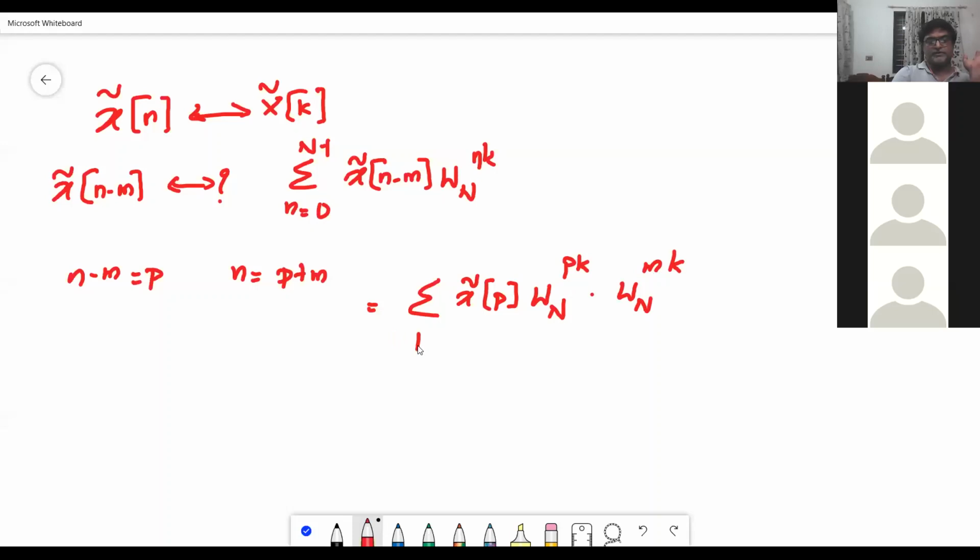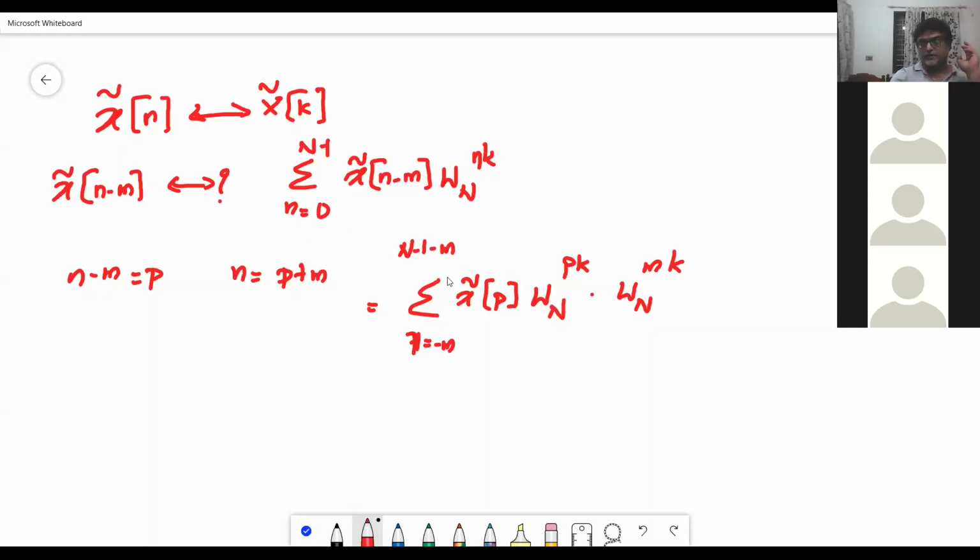So this will be a summation; when n is equal to 0, then p is equal to minus m, right? And when n is equal to N minus 1, p is equal to N minus 1 minus m. Is that clear?